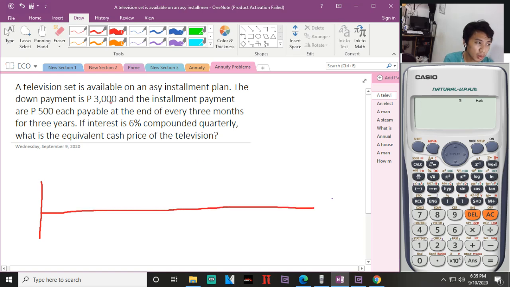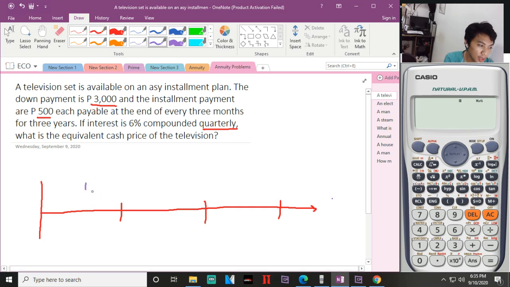Now, sabi dito, meron kang down payment and then the payable amount is 500 each every 3 months. So, that is quarterly. Ang hinahanap niya is the cash price. So, for 3 years, meron kang first year, meron kang second year, meron kang third year. Now, we will list down all the needed parameters.